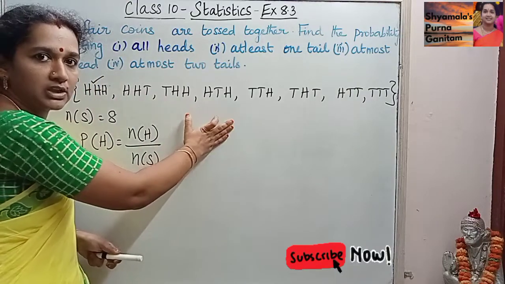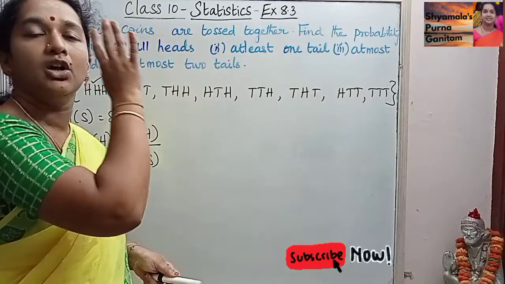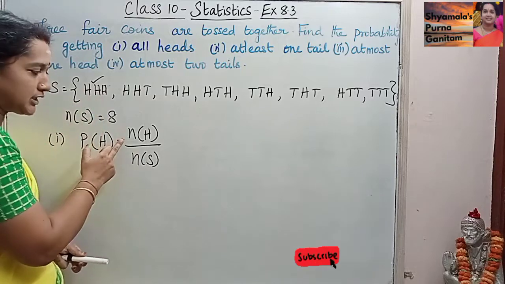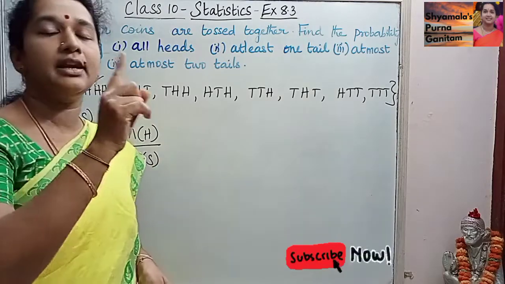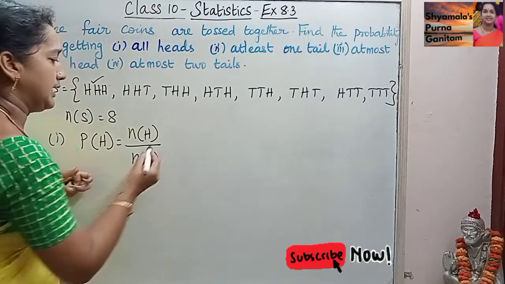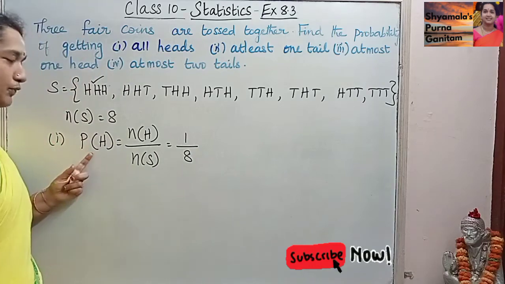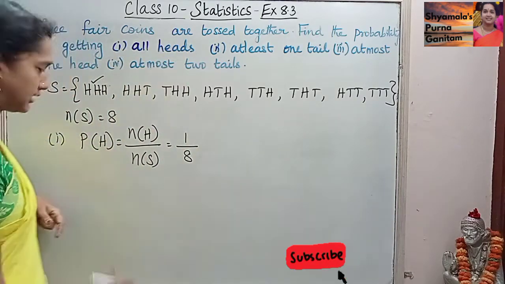The favorable outcome is only one, that is head, head, head. So n of h is 1 divided by n of s is 8. So for the first one, probability of getting all heads is 1 by 8.